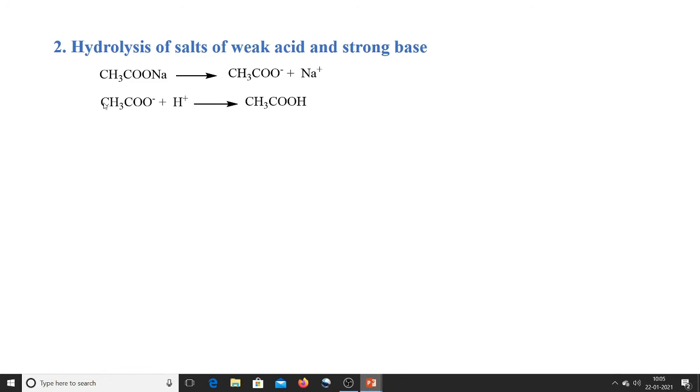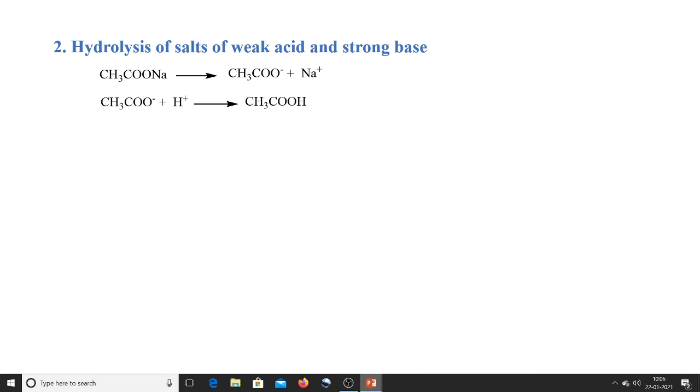Then this acetate ion combine with H plus and to the formation of acetic acid. Okay, so to maintain the constant value of ionic product of water, the water molecule further dissociate and formation of the hydroxyl ions in aqueous solution. So the solution becomes alkaline or basic due to the dissociation of water.